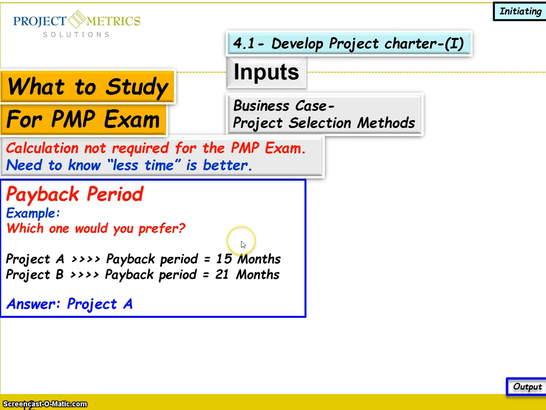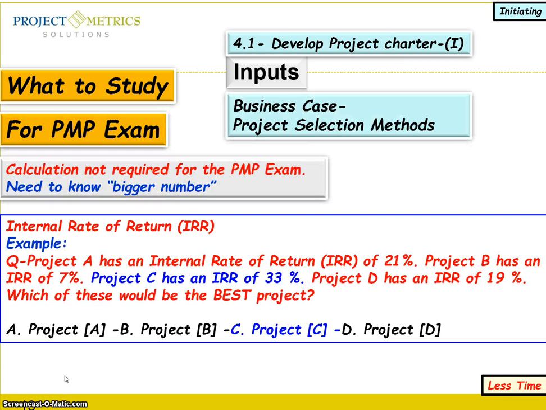As a project manager trying to justify the importance of the project, which project are you going to use? Of course, project A, because its payback period is 15 months.